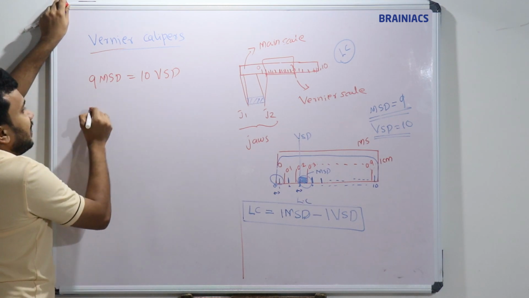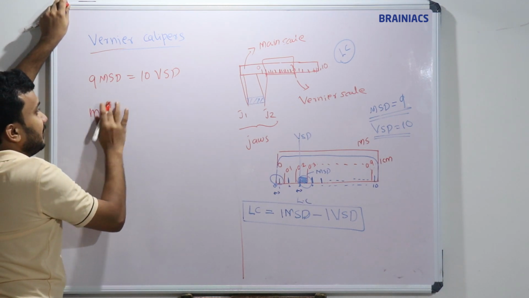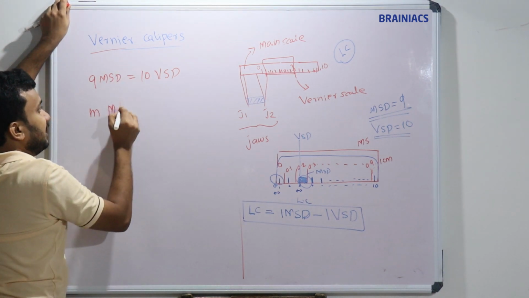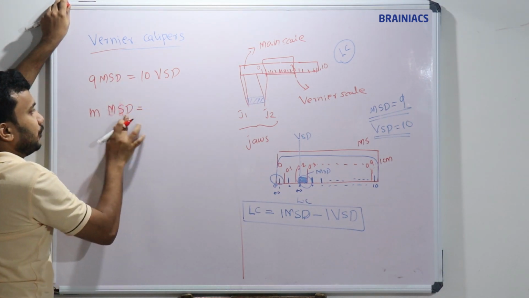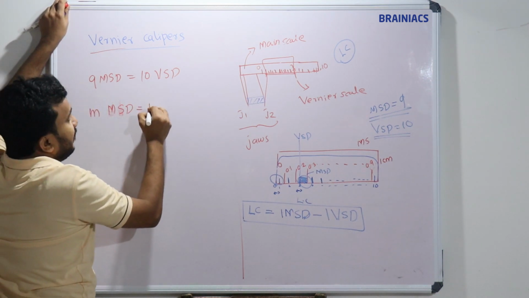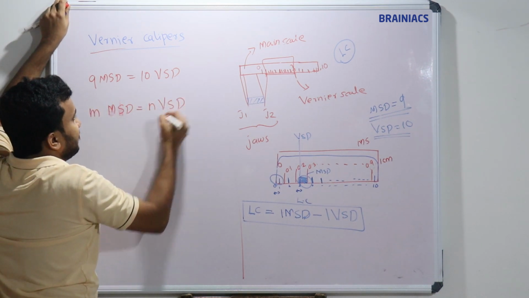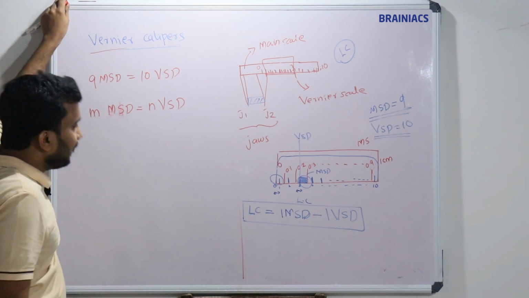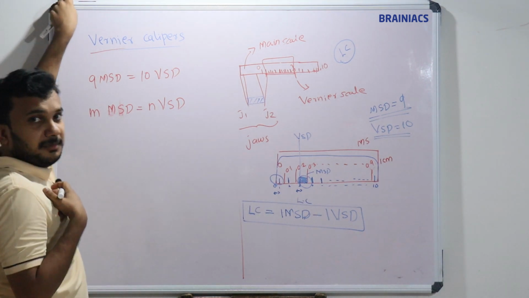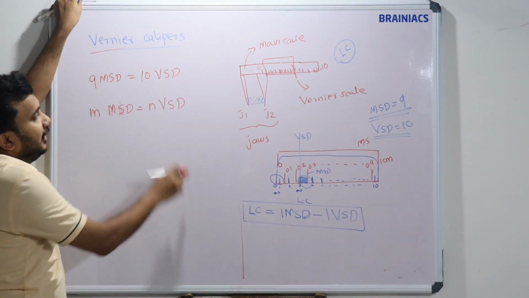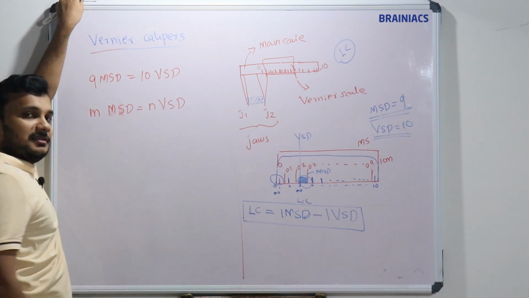So in general, I can say M main scale divisions equal to some number, M may be any number. In this case, it is 9. So N vernier scale divisions. Okay, how can we remember this? Normally I remember like this: M is Mahendra Singh Dhoni and V is Virendra Singh Dhoni.